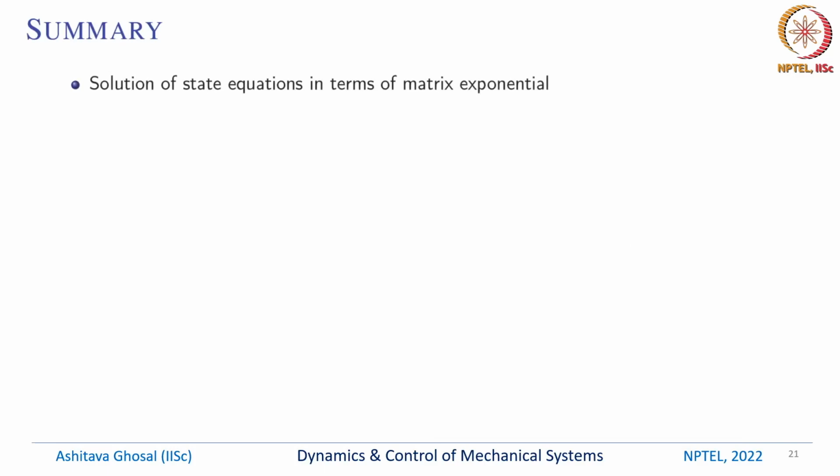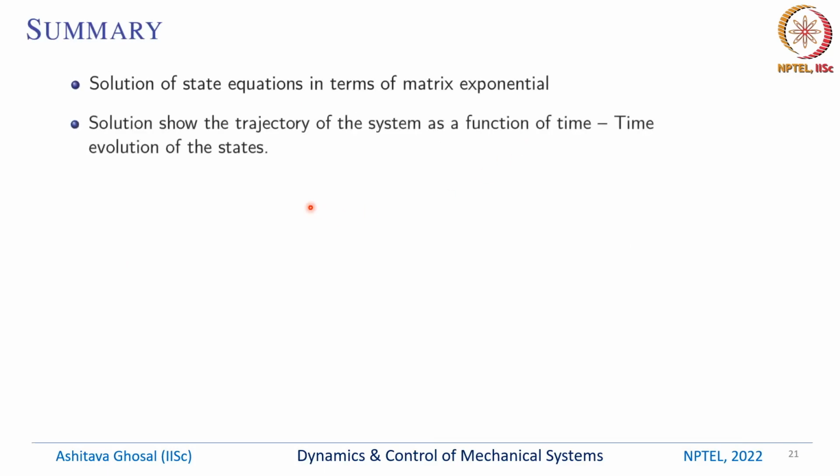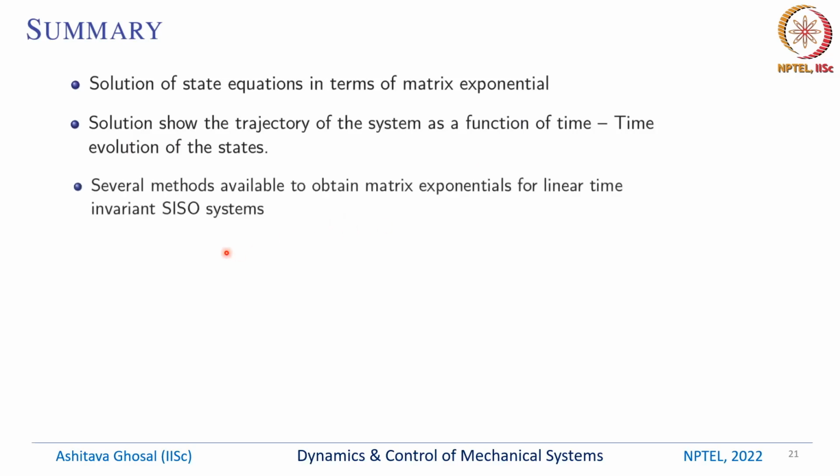So in summary, the solution of state equations can be given in terms of the matrix exponential. The solution shows the trajectory of the system as a function of time. Basically it tells you how the states are evolving in time, x as a function of time, where x are the states of the system. There are several methods to obtain the matrix exponential for linear time invariant single input single output systems.